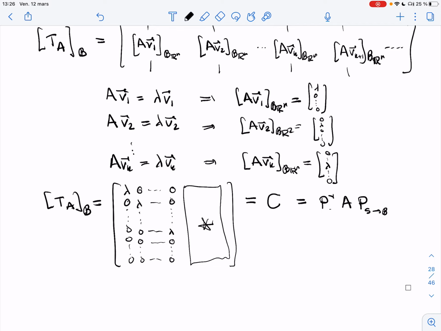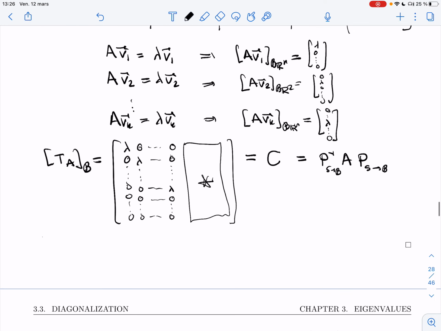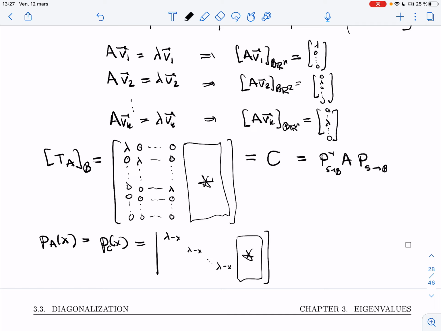And so it's going to have the same characteristic polynomial as A. And so p_A(x) is equal to p_C(x). But for this one, I have a bunch of nice columns and then a mess, with so many zeros.